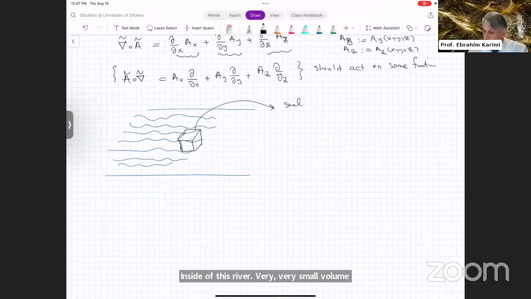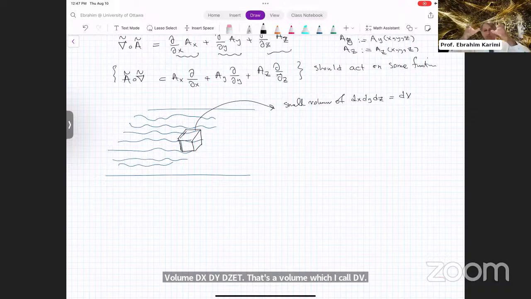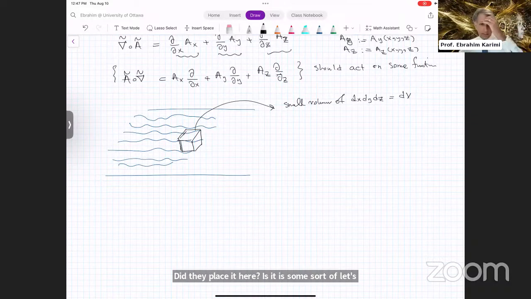A small volume of dx, dy, dz. That's a volume which I call dV. I place it here as some sort of mesh-like cube.